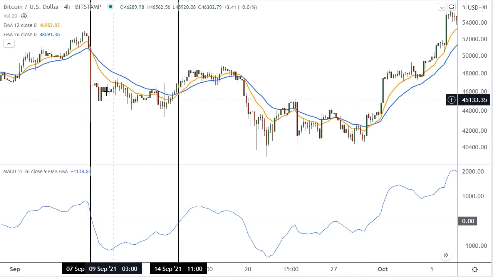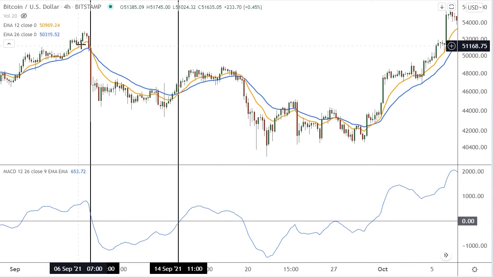What I want you to notice is that on the black vertical line to the left, when the fast moving average, the orange one, crosses down below the blue moving average, so we have a moving average crossover, notice that coincides with when this blue line crosses the 0 line.